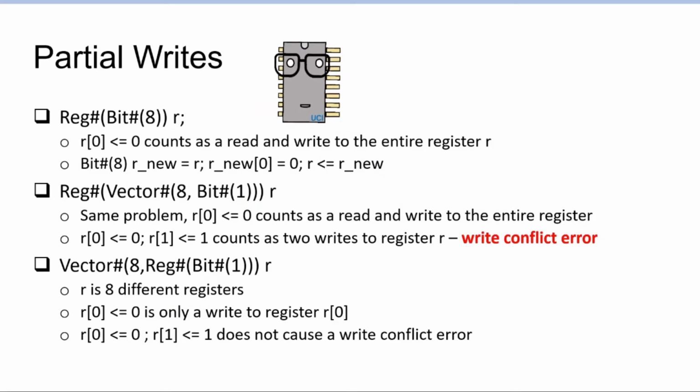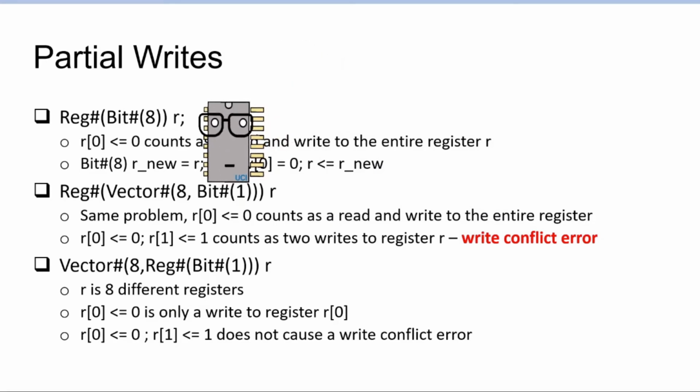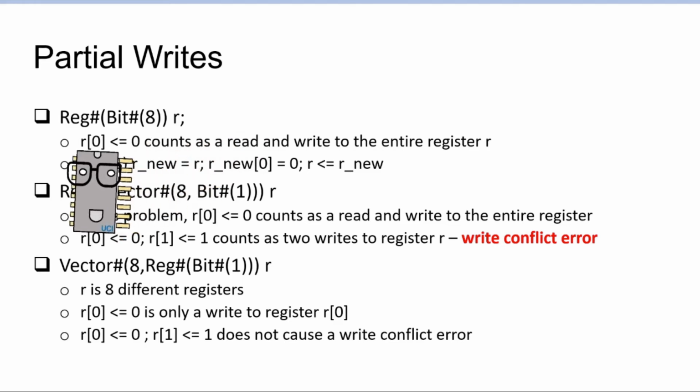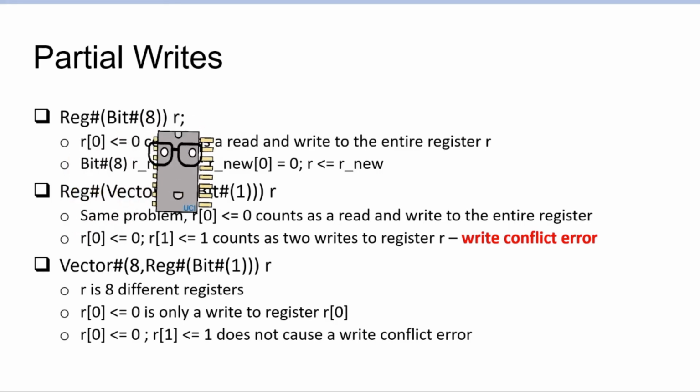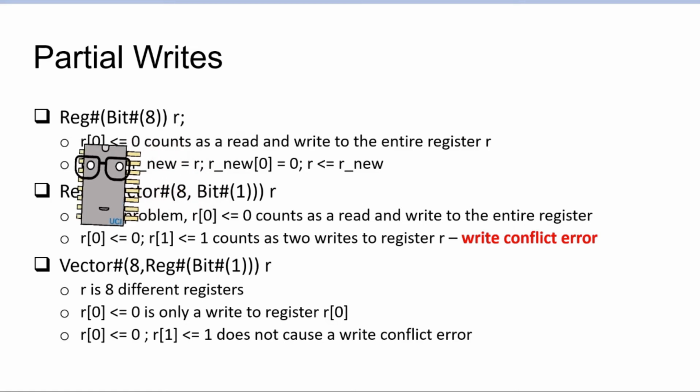So if I do a register of Bit 8, R, and then I do a sub-bit assignment, because R here is a single register, even if I want to write to a single bit, if I do R bracket 0, I'm just writing the least significant bit, right? I'm setting that value to 0.